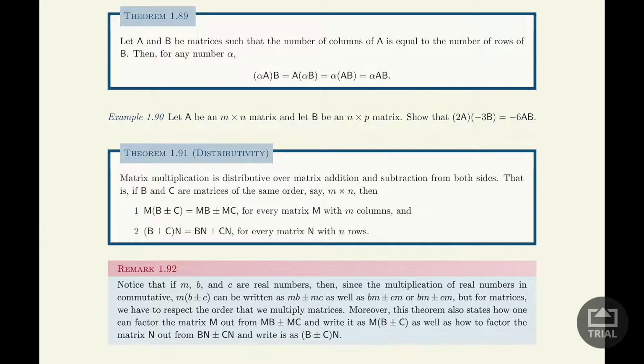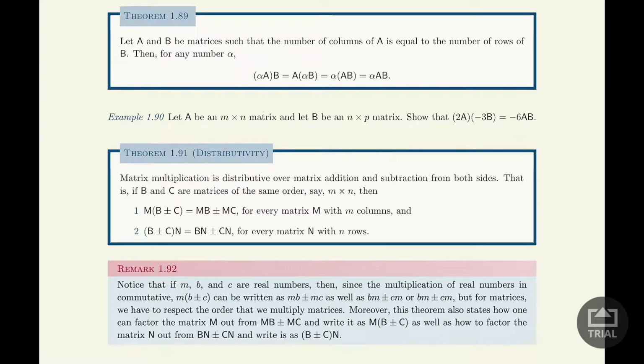If it's minus, you put minus. So that's distributivity. But of course, it should be multipliable. For example, if M is m by n, then B and C should both be of the type n by p. So if M has n columns, B and C both should have n rows. If that is the case, then you can use distributivity.